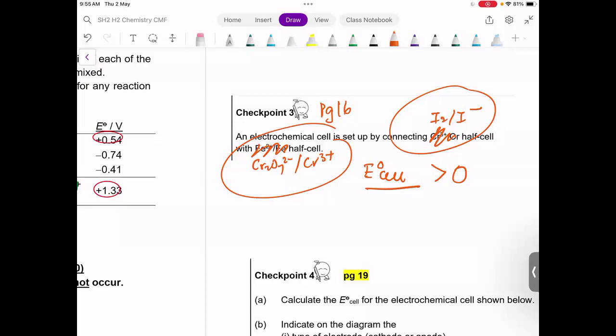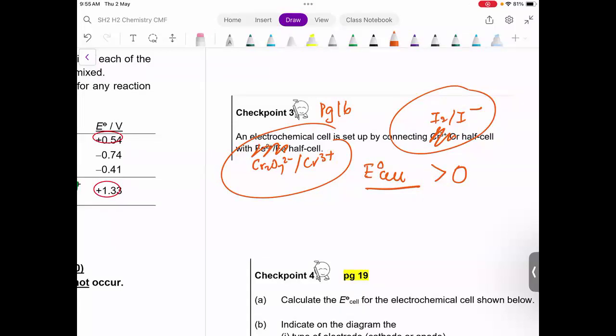We compare the E0 value. The one with a more positive E0 value will automatically become the cathode, then the other half cell will be the anode. By doing this, we ensure that E0 cell is always more than 0.